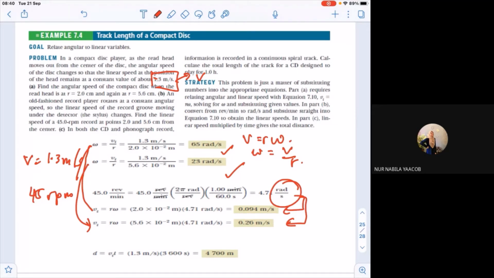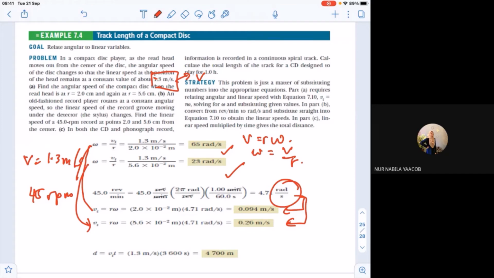And in part C, in both the CDs and phonograph record, calculate the total length of the track for a CD designed to play for 1 hour. 1 hour is equivalent to 3,600 seconds, because 1 minute is 60 seconds and 1 hour is 60 minutes. 60 minutes times 60 seconds, so you will get 3,600 seconds.